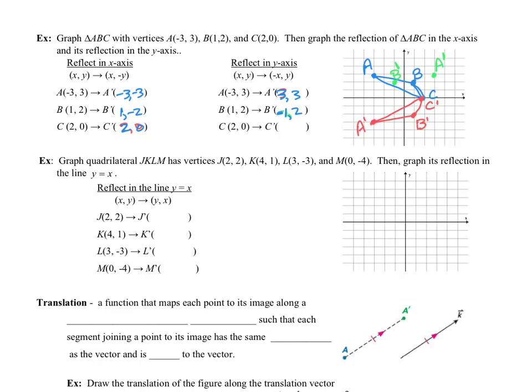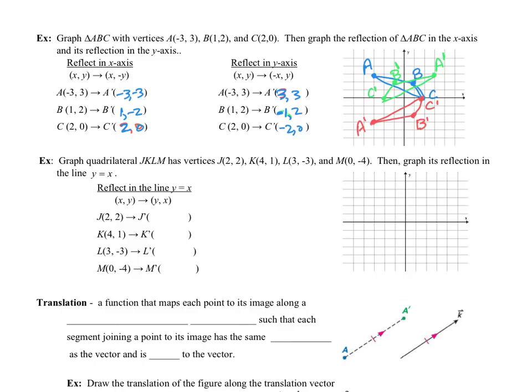And then 2, 0 will become -2, 0. Okay, -2, 0. So I'd go to the left 2 and then up or down 0. Let's draw that triangle. A prime, B prime, C prime.